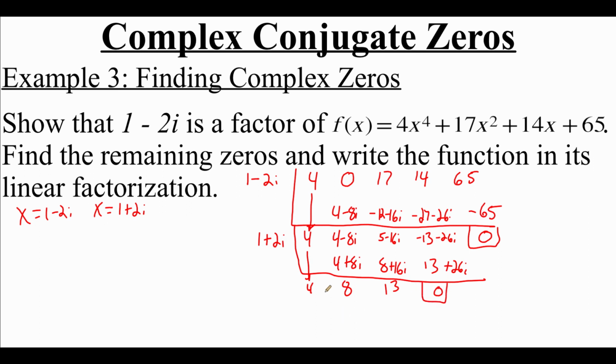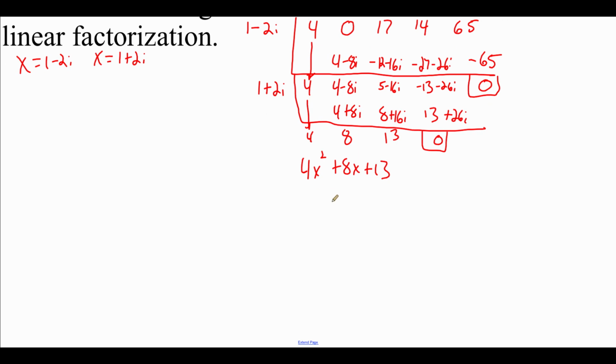Now if I put the x's back into what's left over, I started with a fourth powered function, but I did 2 rounds of synthetic division, so I would have to drop the power by 2. So this is going to leave me with 4x squared plus 8x plus 13. Now to find the rest of my zeros in here, I'm going to do the quadratic formula.